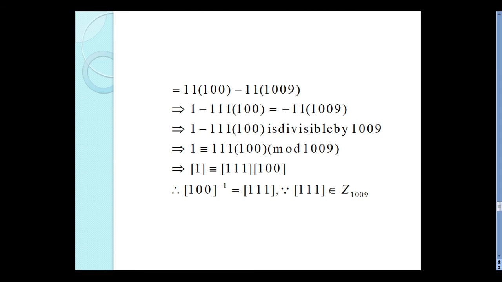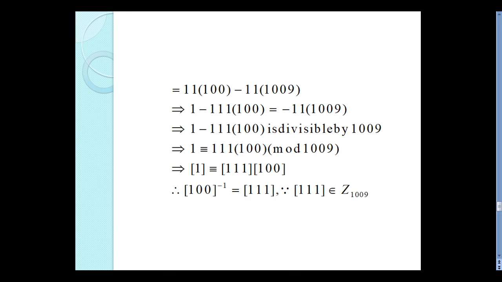Bring 111 into 100 to the opposite side. Now minus 11 into 1009 is a multiple of 1009. So this is divisible by 1009. So I can tell this term is also divisible by 1009. So I have written in that way.